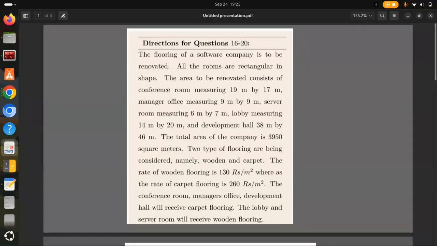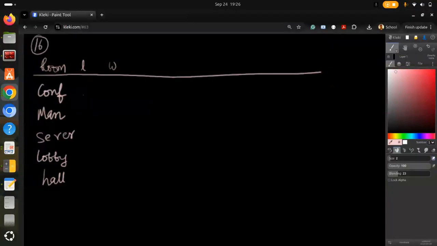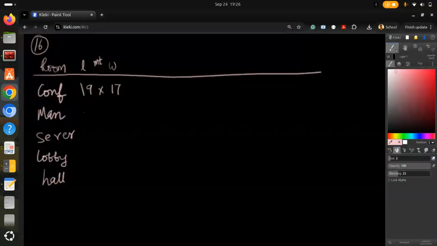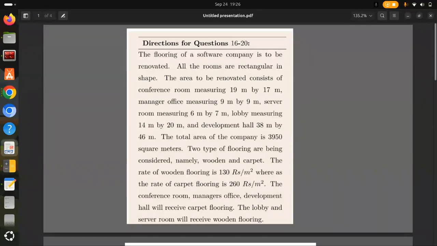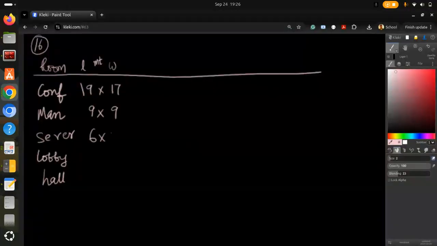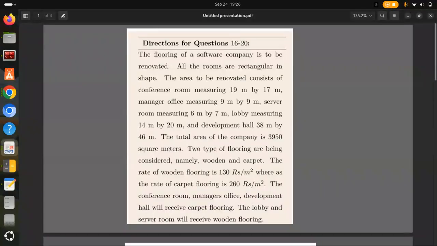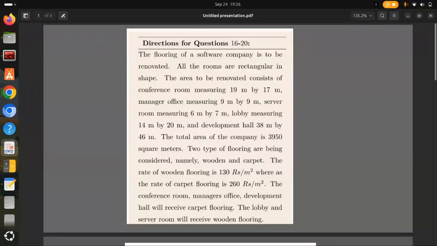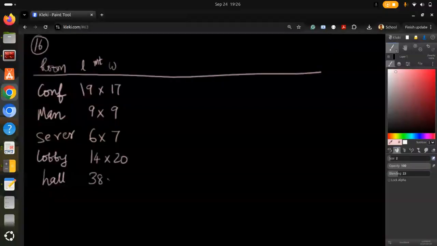Okay, so conference is 19 by 17, in meters. Whereas the manager's office is 9 by 9. Server room is 6 by 7. And lobby is 14 by 20. And the development hall is 38 meters by 46 meters.